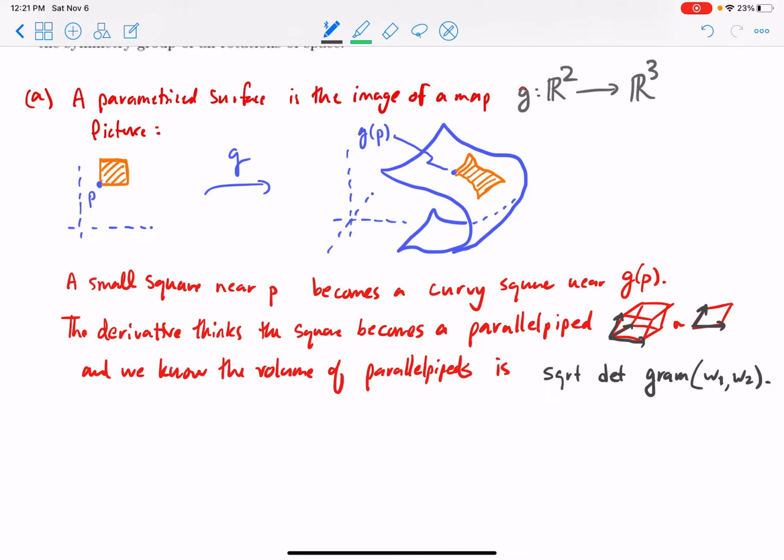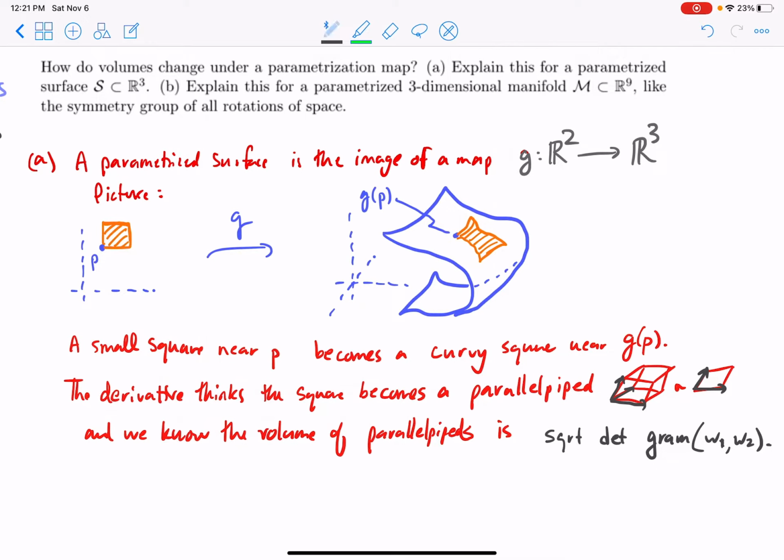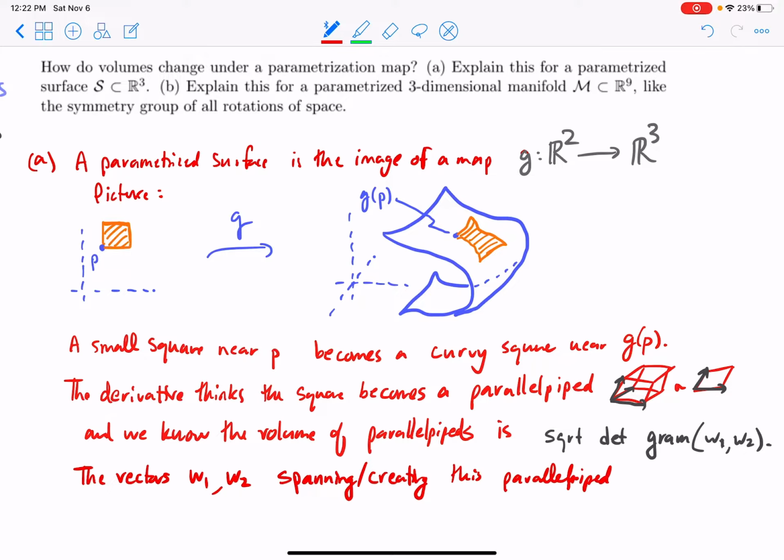And so what do we need? The vectors W1, W2 creating this parallelepiped come from the columns of the Jacobian matrix.